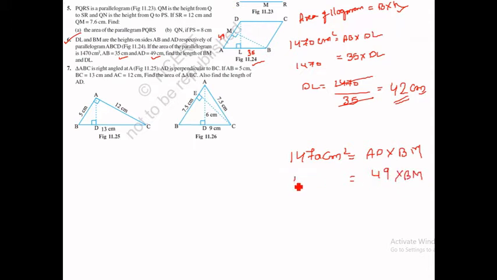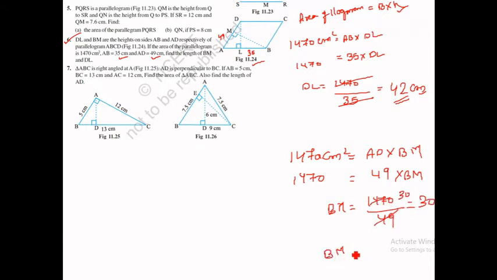We don't know BM, we have to find it. 1470 is the area, and BM equals 1470 divided by 49, that is nothing but 30.